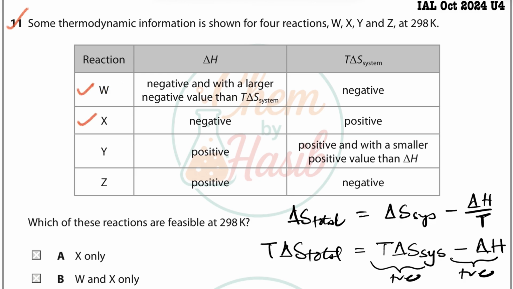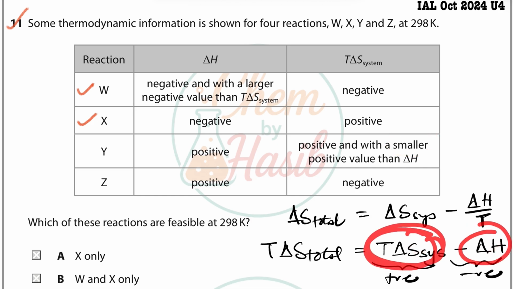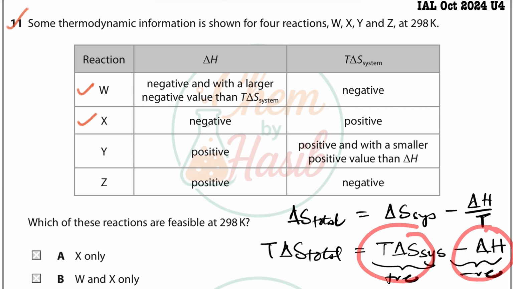Let us analyze reaction Y. It says del H is positive. If del H is positive, then minus del H will be negative. T into del S system is positive, and it says this value is smaller than del H. The magnitude of the positive quantity is smaller than the magnitude of the negative quantity.